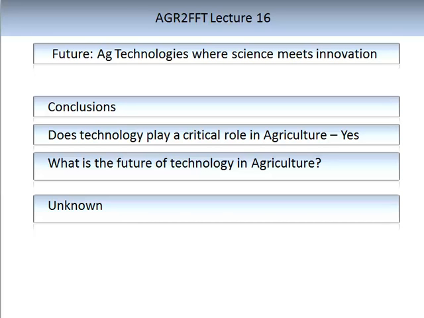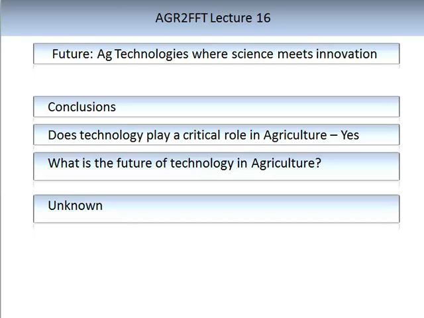I think I would conclude a number of components about future technologies. They may play a critical role in agriculture, although this will be dependent upon adoption and what the future requirements and needs for this industry are.